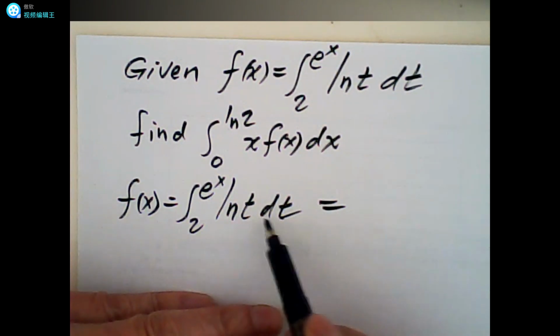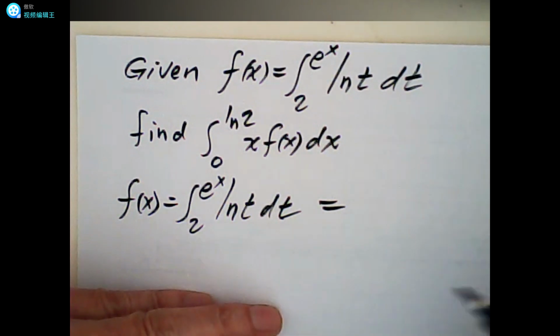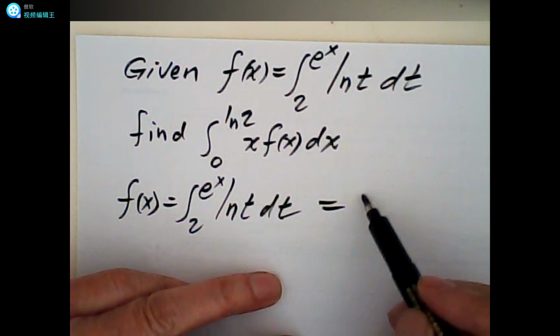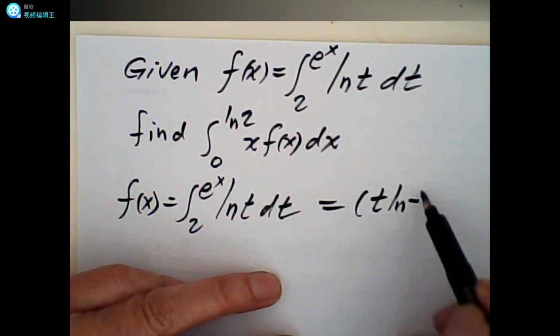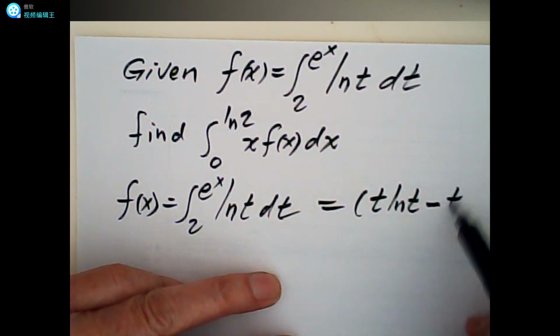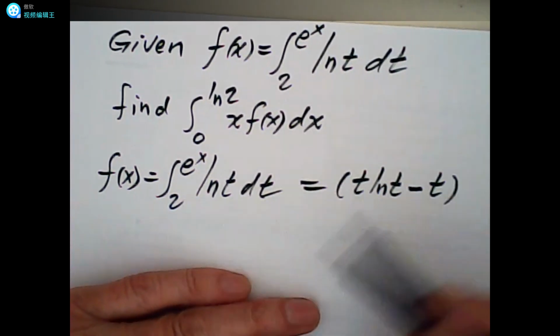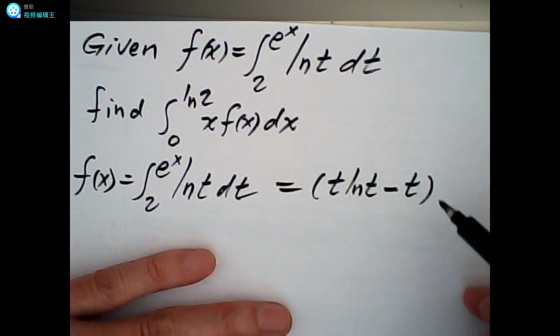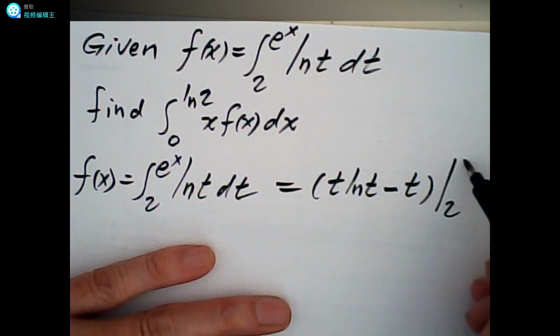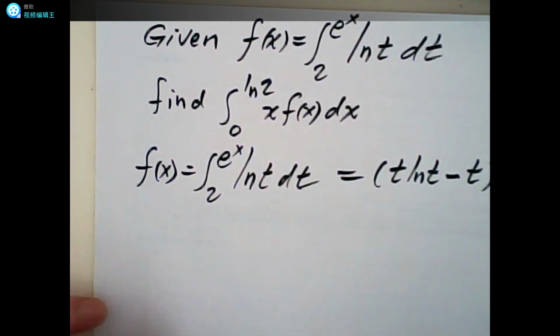For example, how to integrate log t dt by parts, right? So this is t log t minus t. That is the integral of log t, and you can fill up the details. From 2 to e to the x, okay?